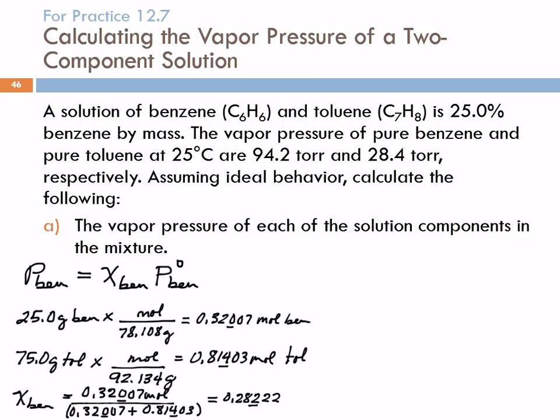So then to find the partial pressure of the benzene, we take the mole fraction, 0.28222, and multiply by the vapor pressure of pure benzene, which is right here, 94.2 torr.